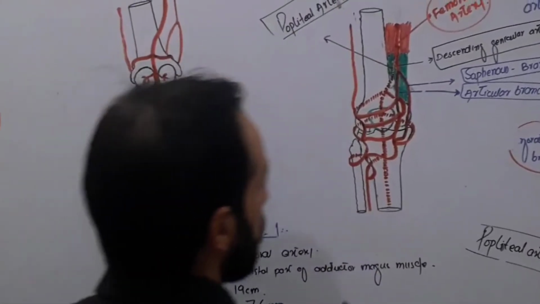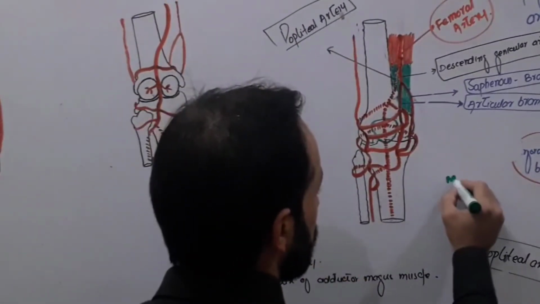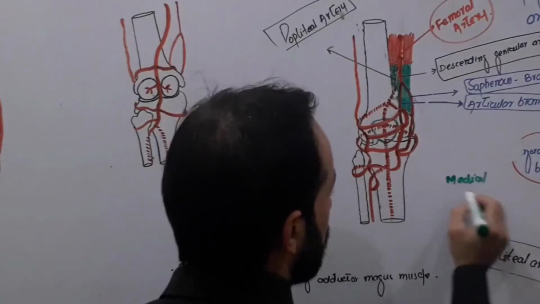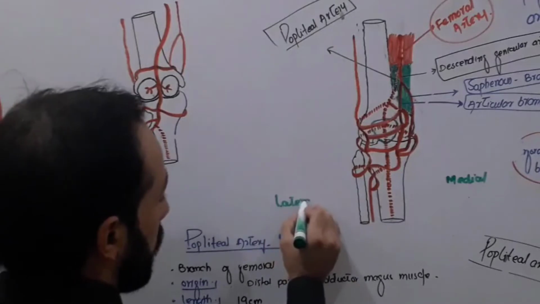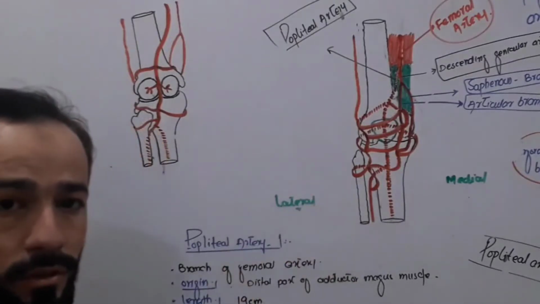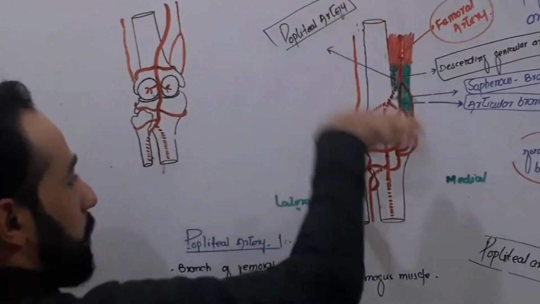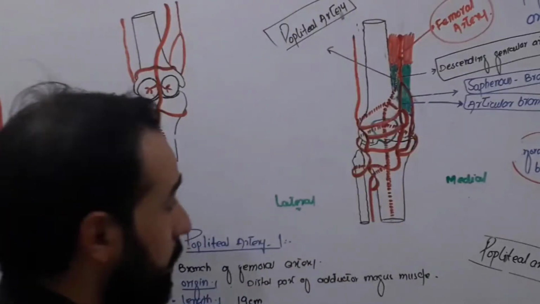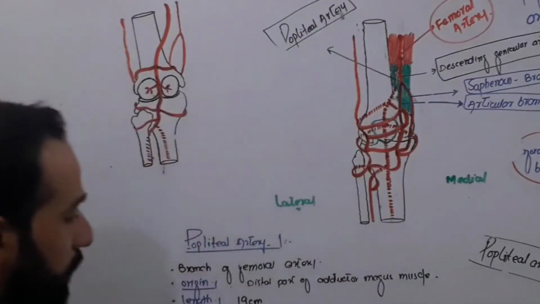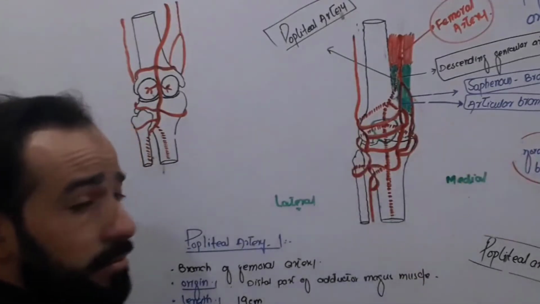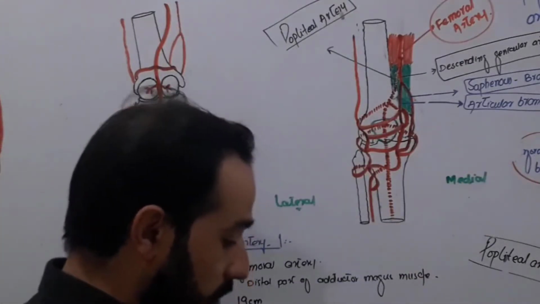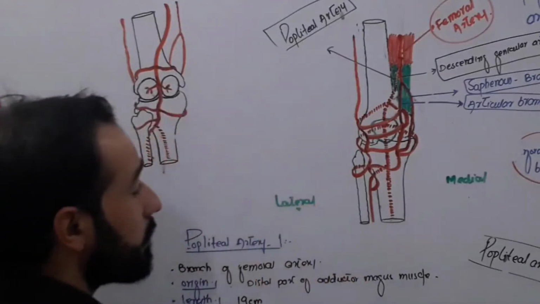This is our medial aspect of the knee, and this is the lateral aspect of the knee joint, right? Here is the superior part, here is the inferior part. Now look carefully. I have written superior medial genicular. It means that this artery is present in the medial aspect of the knee joint.